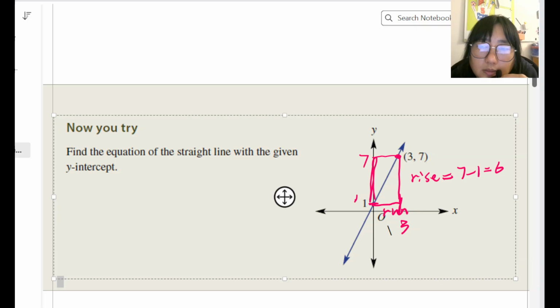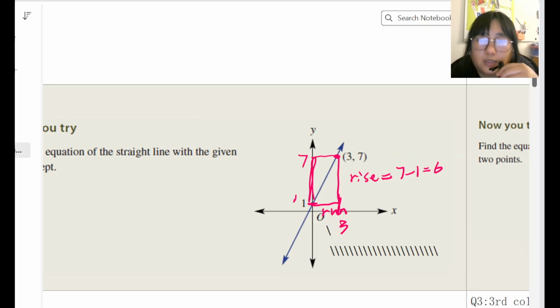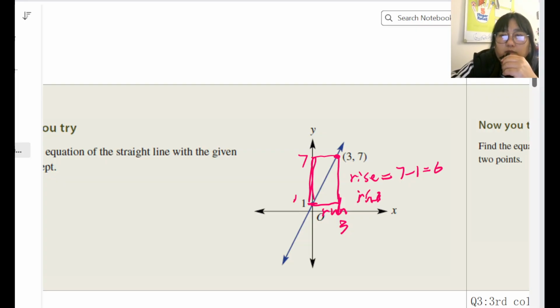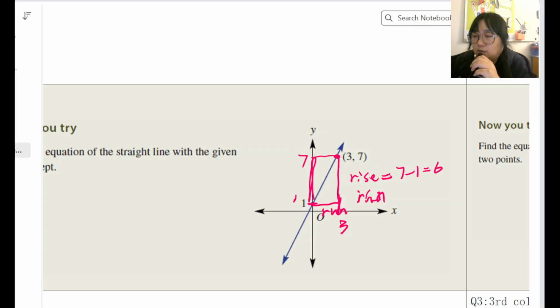So 0 to 3, and the run is 3 take 0, that is 3. So my run will be 3, and the rise will be 6.